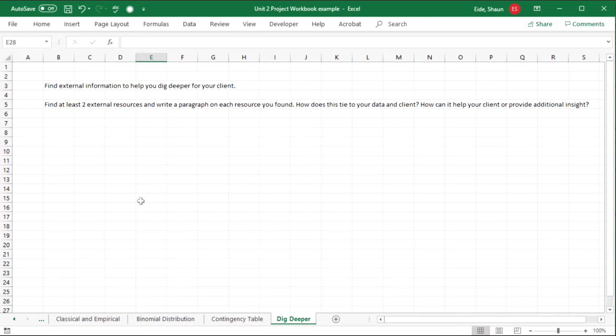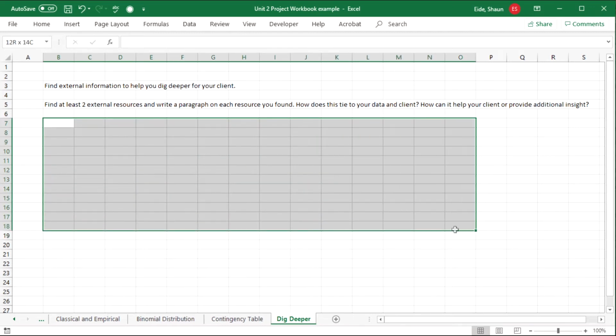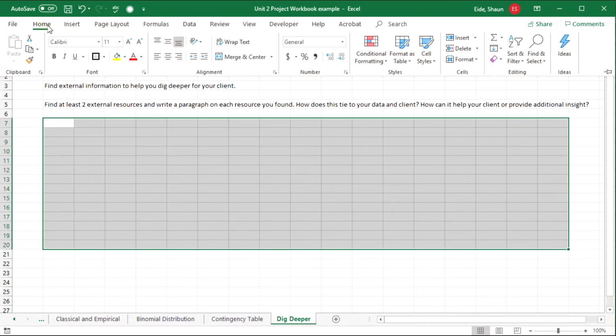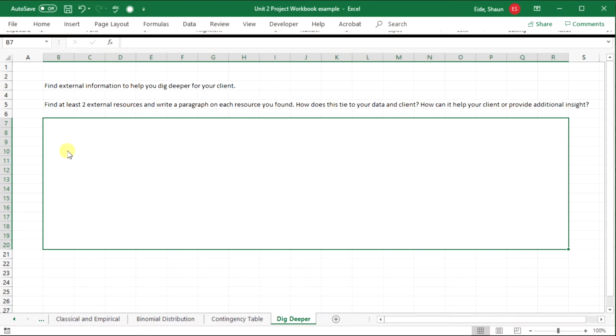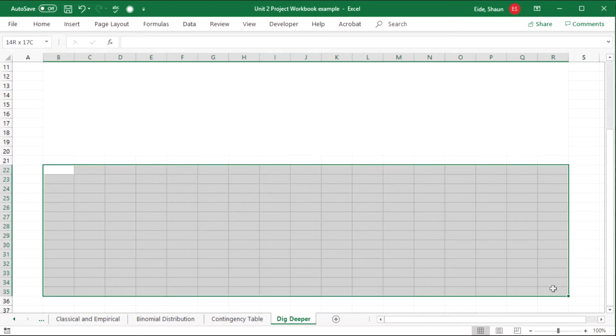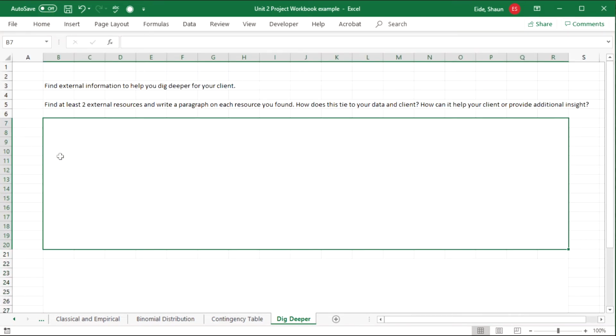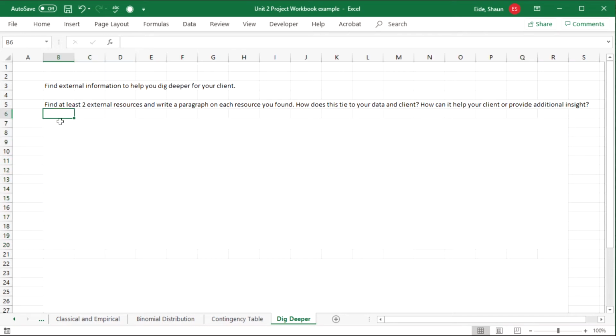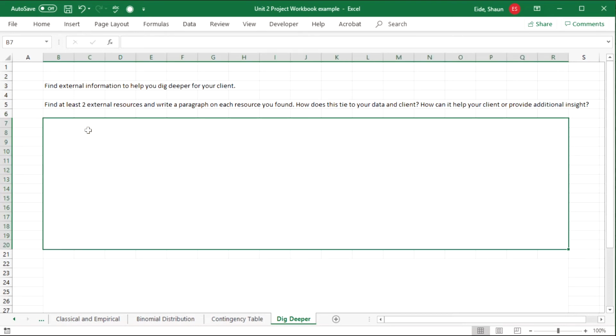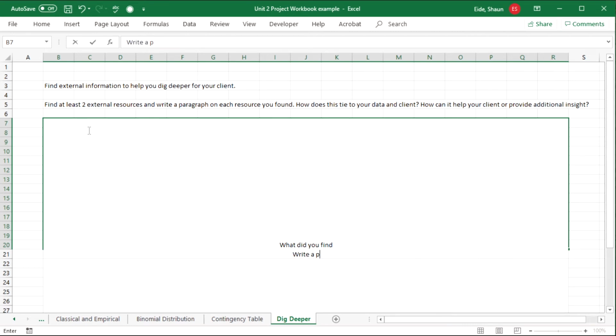You're going to submit this document, so highlight a section, go to Home and Merge Fields, and you can put 1 paragraph right there. Put the information that you have: the data set, the link, tell me what it is, what you found, and then write a paragraph about it.